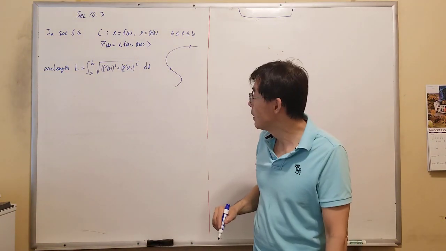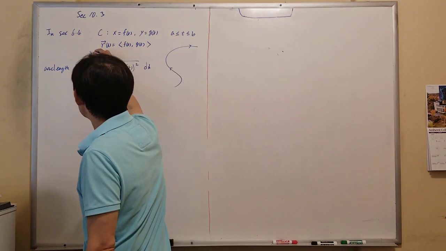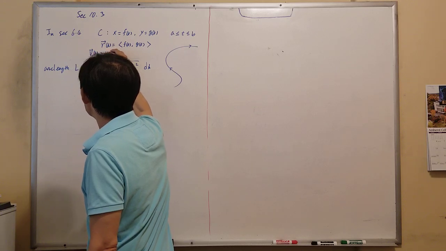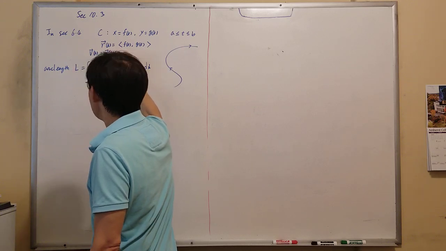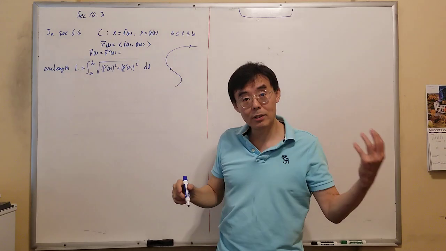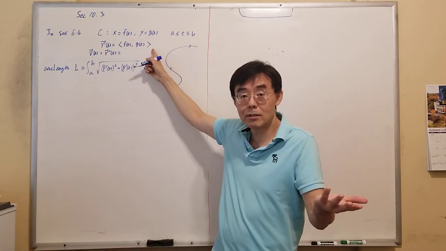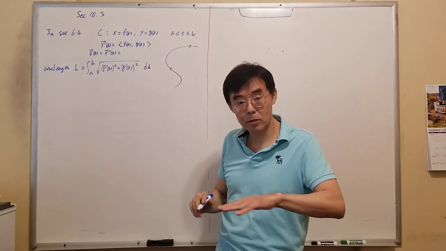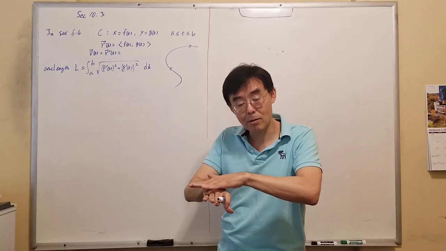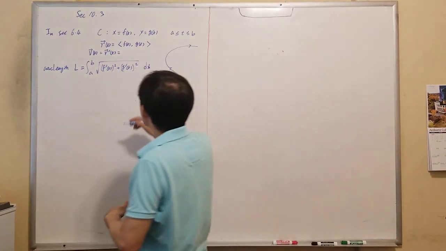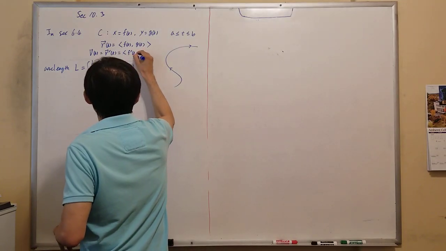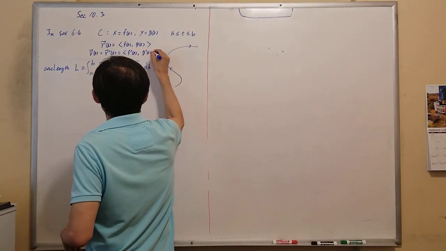All right? Then your velocity vector is the derivative. So you're doing what we did in section 10.2 in a two-dimensional setting. You can consider this special curve where the z coordinate is always 0, so that it is stuck on the xy plane. Then this is f prime of t, g prime of t.